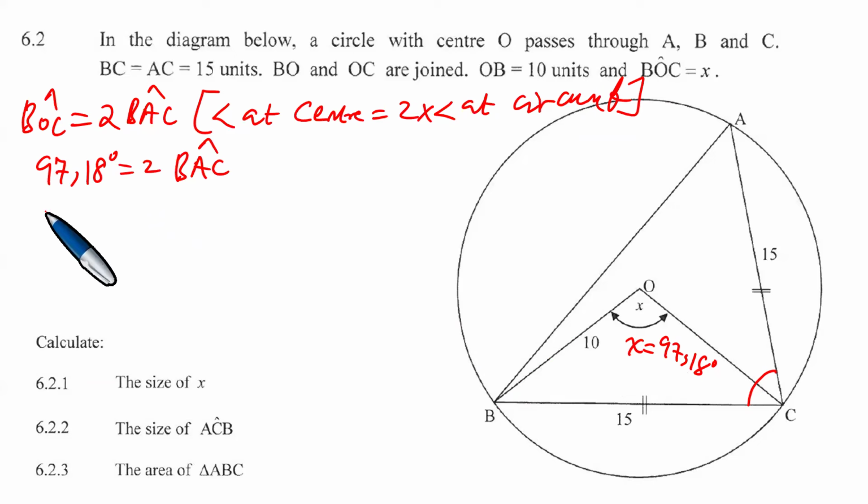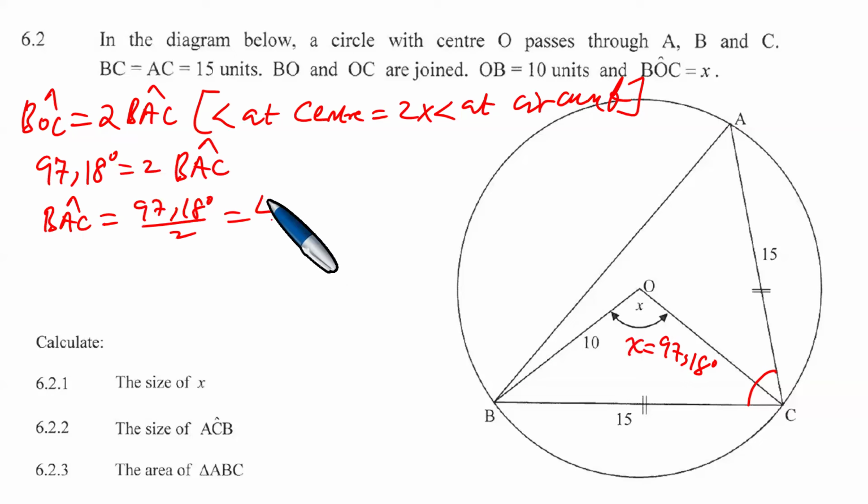Okay, and therefore for BAC, you divide 97.18 degrees by 2, getting the quotient 48.59 degrees.